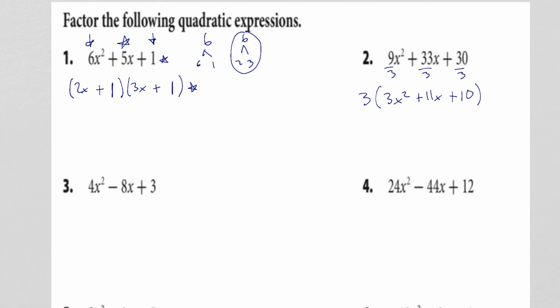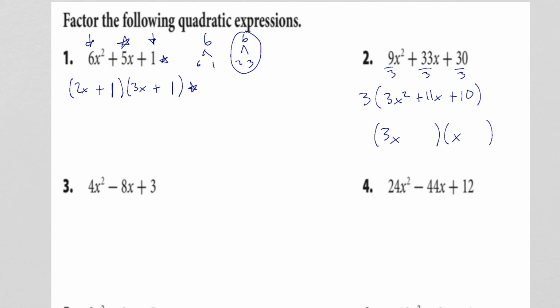And what are the factors of 3? 3 and 1. So I know if I'm building my factors, this is going to be a 3x and that's going to be an x. How come? There's only one possible combination for the factor of 3 and 1.